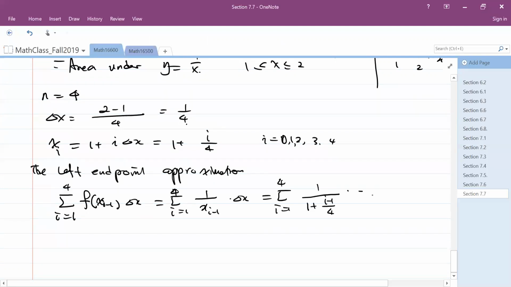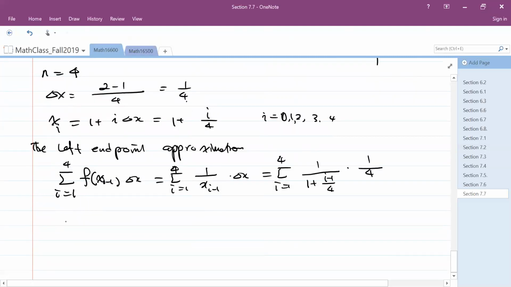And delta x is 1/4. You can simplify a little bit. The 4 cancels out, leaving 4 plus i minus 1, so i plus 3.